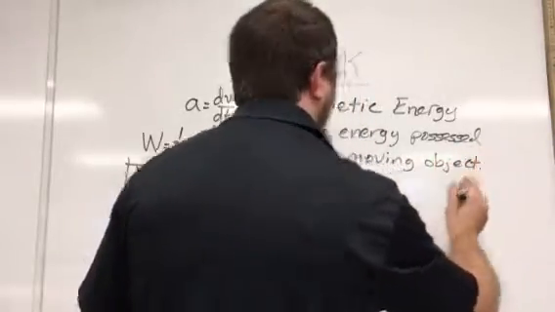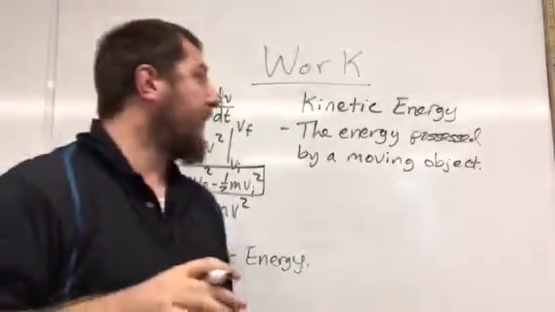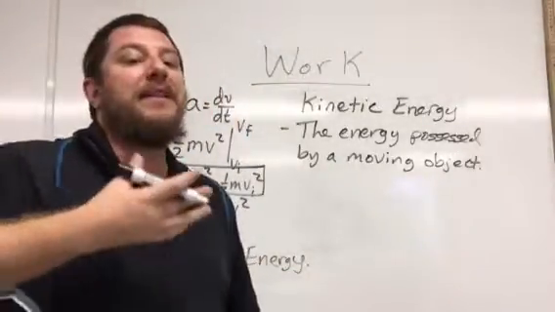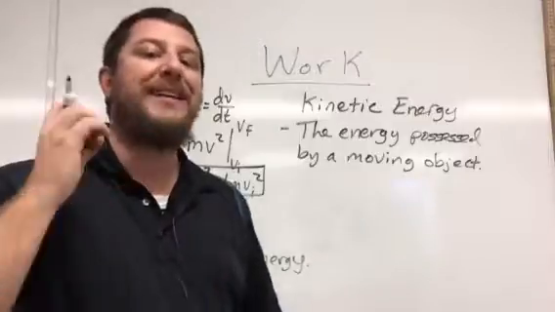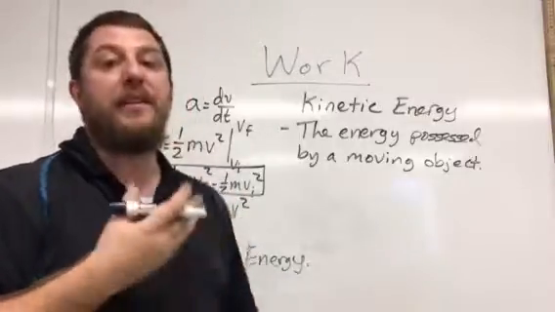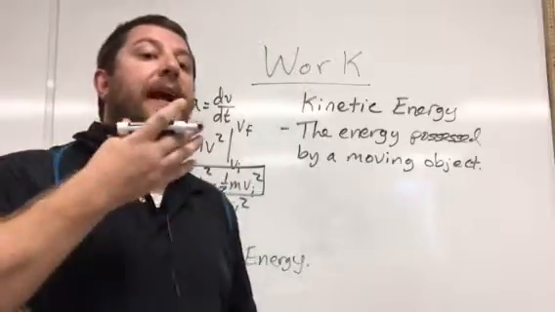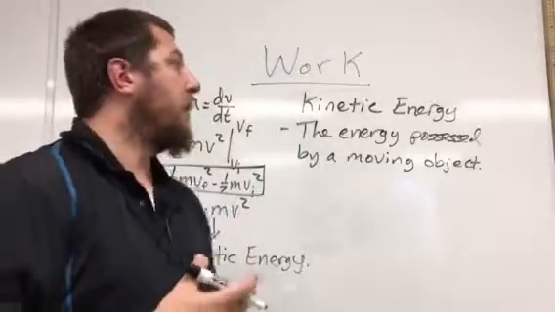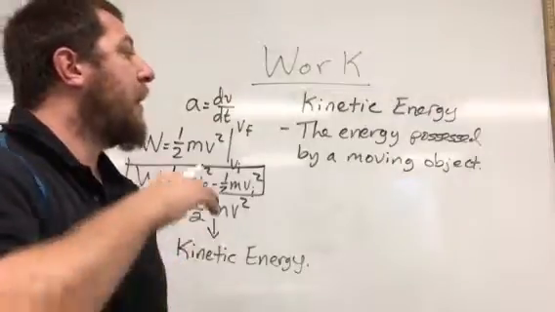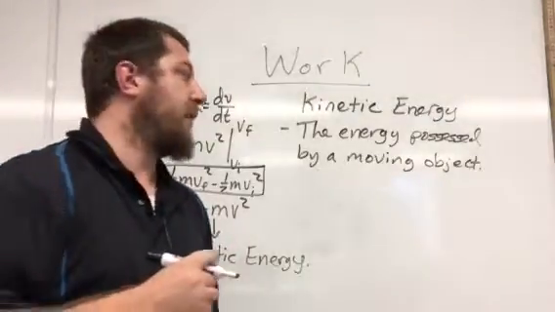Or, actually more appropriately, it's the energy possessed in the motion of the object because the object is moving. A moving object can possess other types of energy as well, but it's the energy that arises from the motion. So it's the energy possessed by the motion of an object, maybe a better way of saying it.